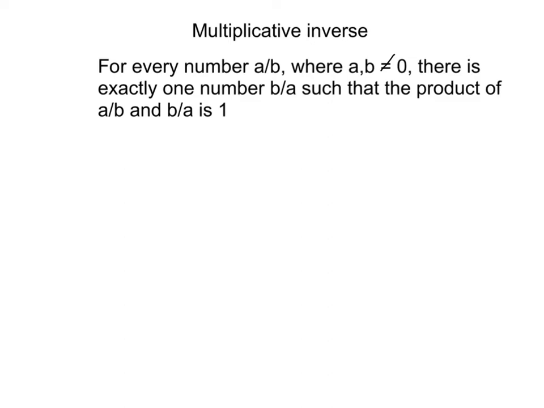So, the multiplicative inverse reads, for every number a over b, where a and b are not equal to 0, there is exactly one number, b over a, such that the product of a over b and b over a is 1. So, if we were writing that out in variable form, that would be written out as a over b times b over a equals 1, or that can be flipped.